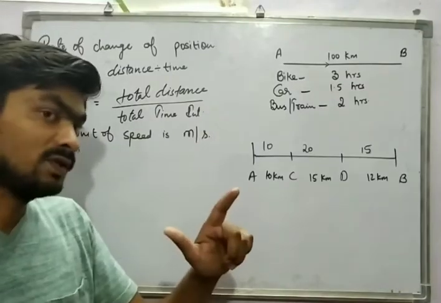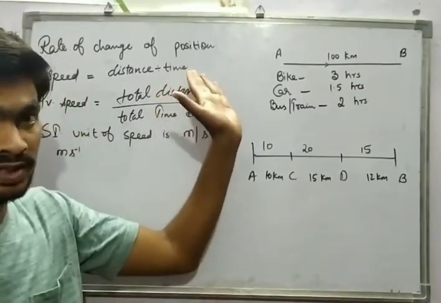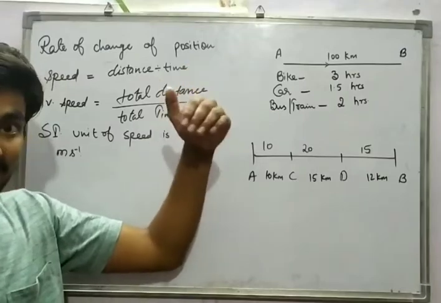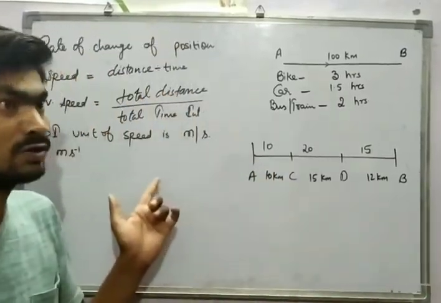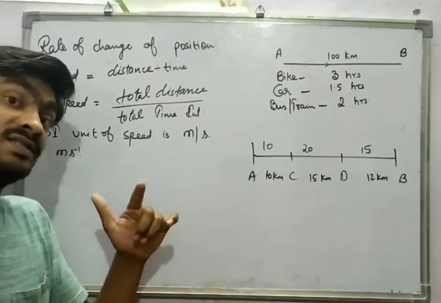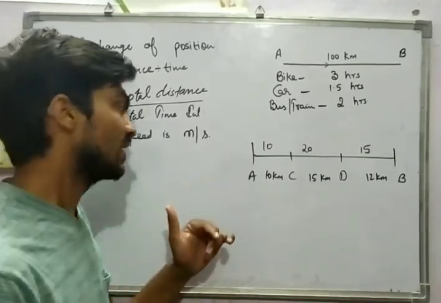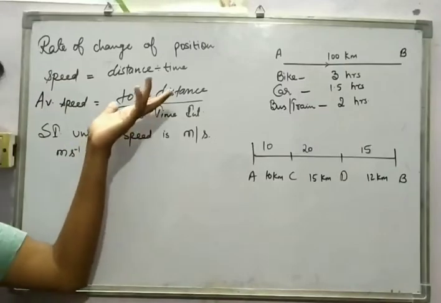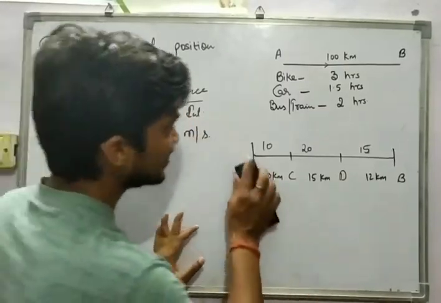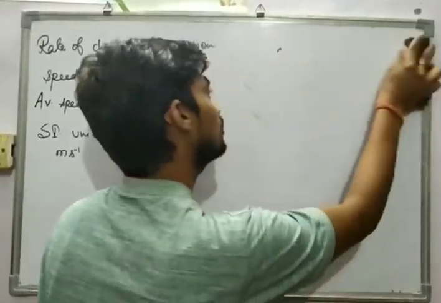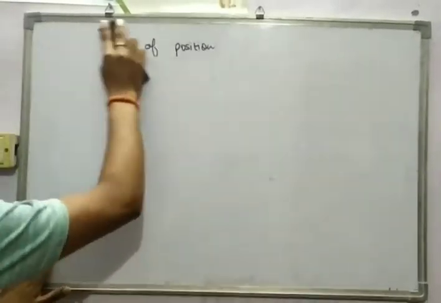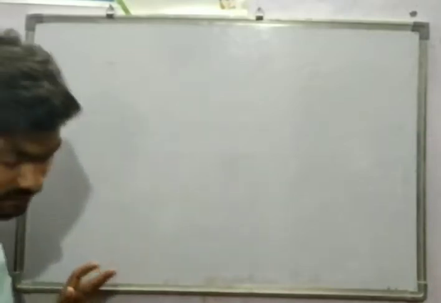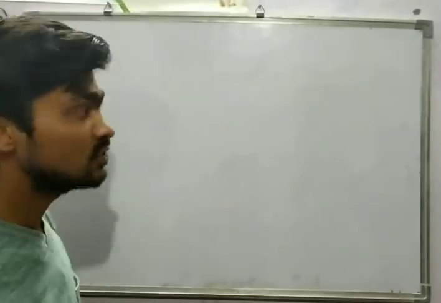So here, if the distance is being changed in a particular direction, we will use the concept of displacement. So instead of calling it distance, I will call it displacement. So displacement, you know. What is the displacement? Displacement means difference between the final position and the initial position.